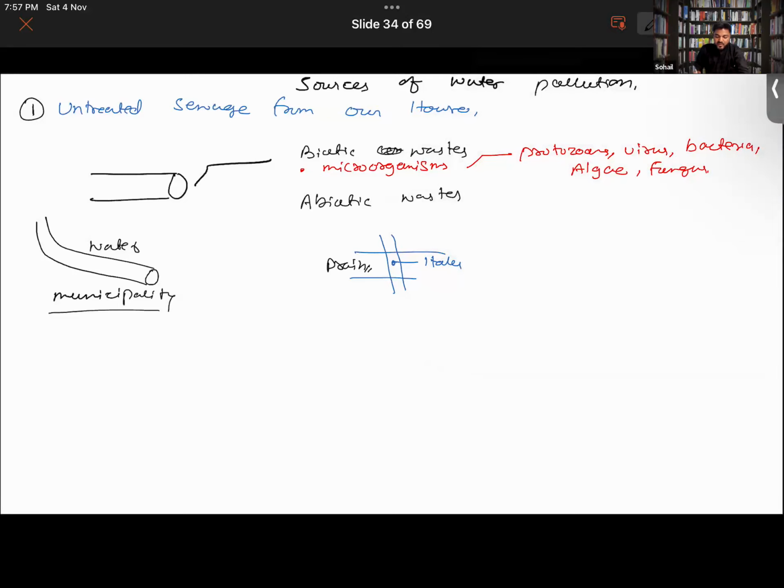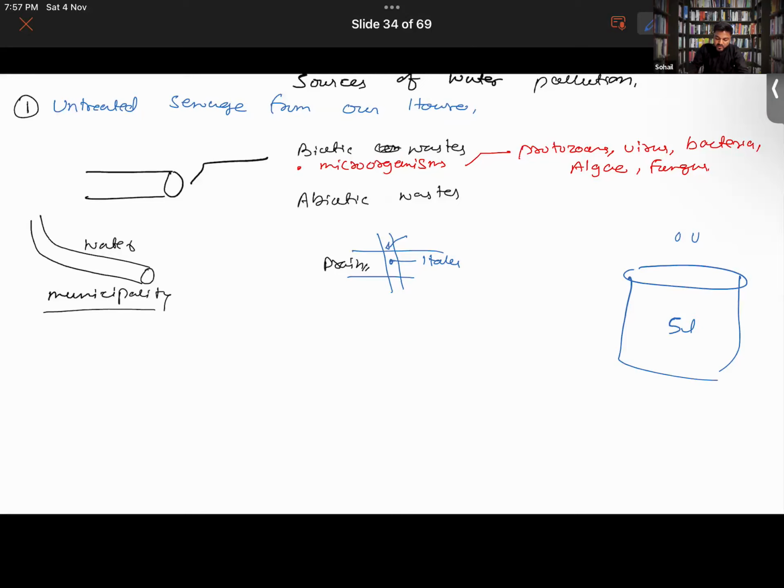The water is coming in such a large amount that even if some contamination is getting mixed in, you won't actually recognize it. If in a beaker of 5 liters of water you add 2 drops of pollutant, you won't realize there is contamination. So these disease-causing microorganisms actually get mixed into the water.